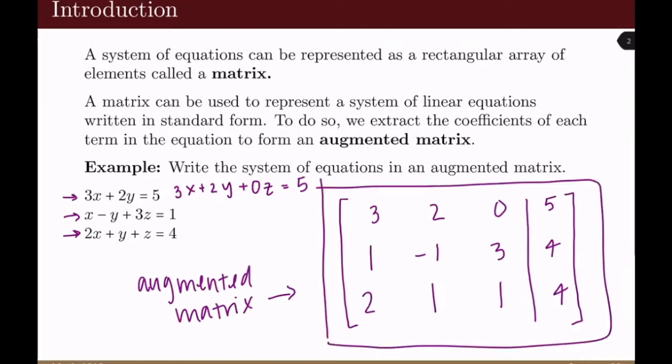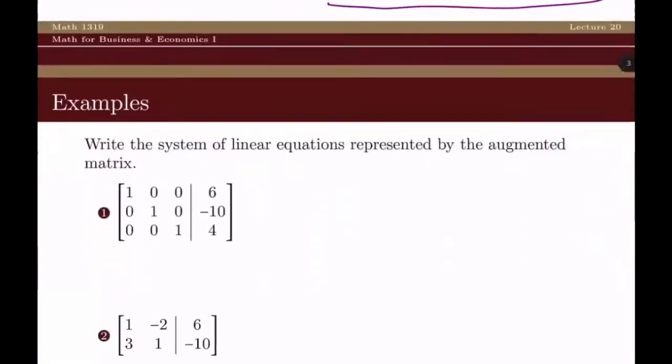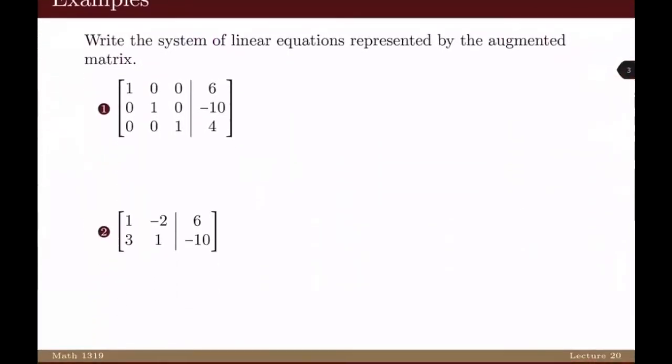All right, let's keep going. Now we want to go the other way. We want to take our matrix and write it instead as a system of linear equations. So remember, if this represents x and then y and then z, and then this is the equal sign. That means my first equation is going to be 1 times x plus 0 times y plus 0 times z equals 6.